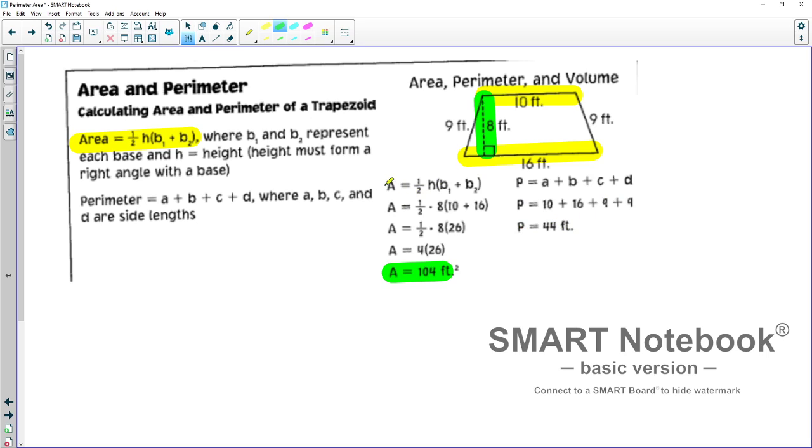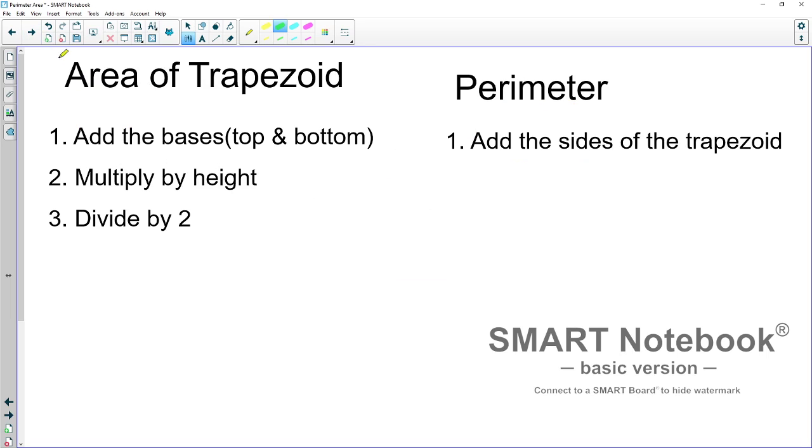Maybe this equation confuses you, so we're going to break it down to its simplest form. So look at this. The area of a trapezoid and perimeter. So these are the 3 steps. That's it. You only need 3 steps for area of a trapezoid. Add the bases. It's the top and the bottom.